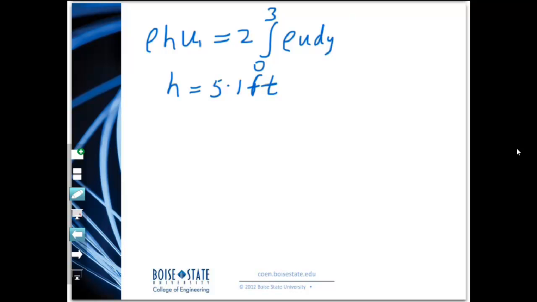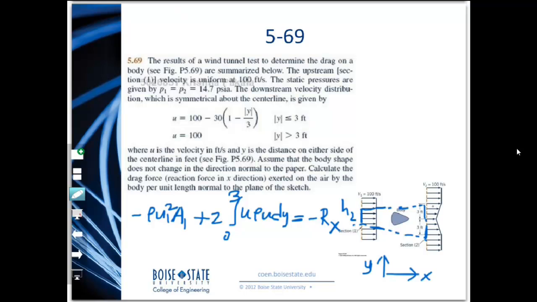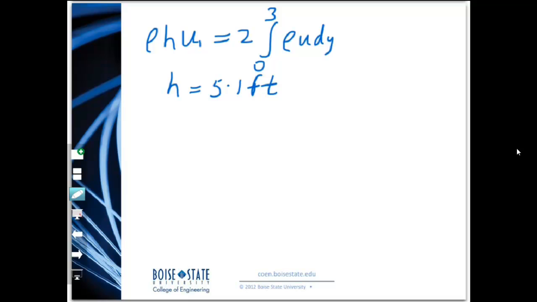Once you know this, the only unknown is Rx. Everything else you can evaluate. Rho is for air, and you can look it up from the table. Make sure you pick the correct units, so it will be slugs per cubic foot. I think it's 0.0024 slugs per cubic foot.